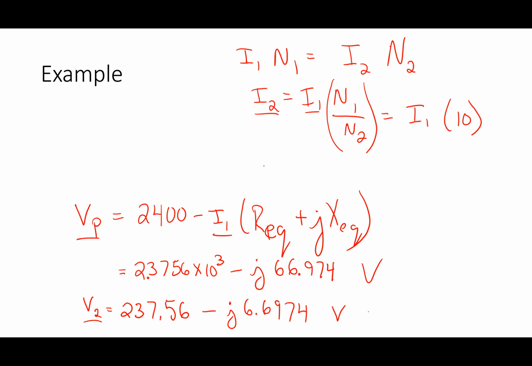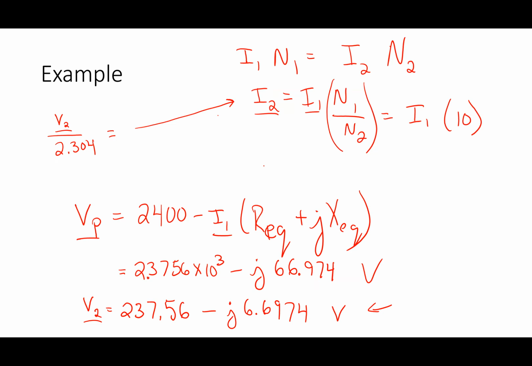Now, if I took this V2 and divided by 2.304, which is the load impedance, I would end up getting what I got by doing the reflection. It would be the same result, except I do it in one step.